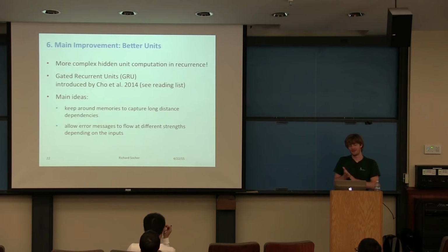All right, the main improvements here and the interesting research that is happening right now is in better units, different ways to compute our hidden activations H. One that is very interesting, I think, and has a good shot at being used a lot in the future is the so-called gated recurrent unit.